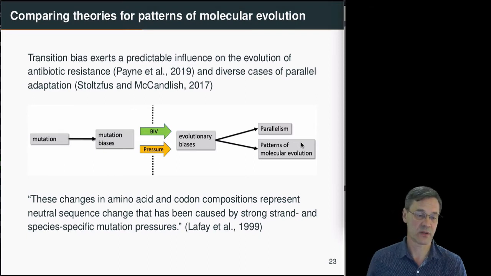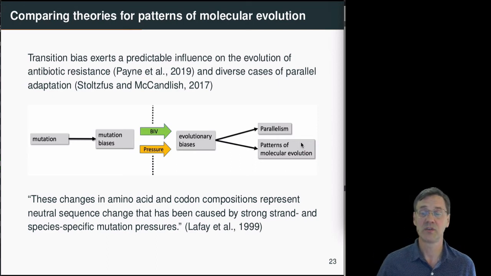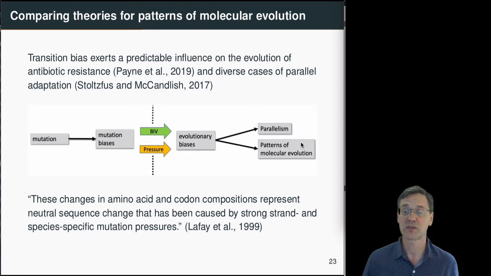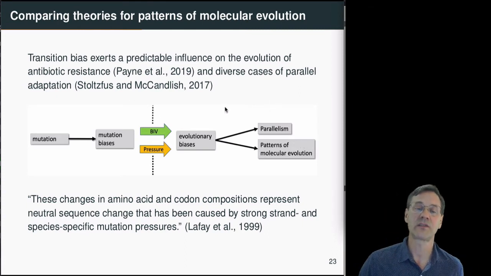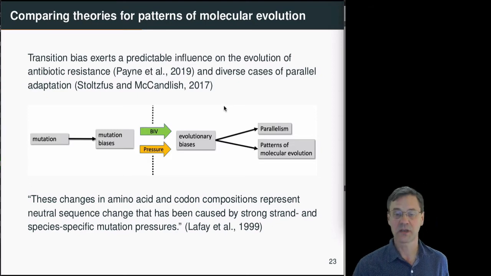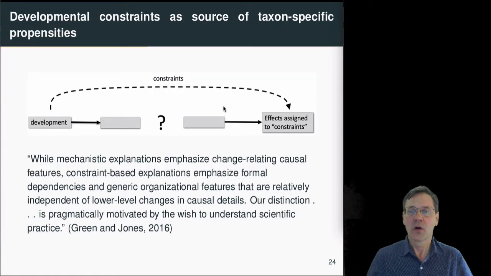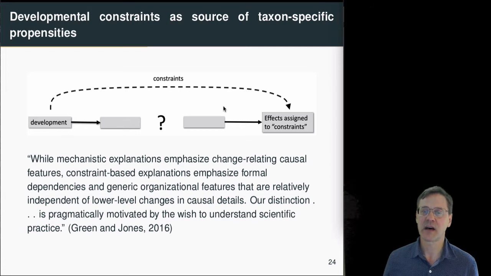So here's an example of that from Lefay. They're talking about changes in amino acid and codon compositions, and they say they represent neutral sequence change that has been caused by strong strand and species-specific mutation pressures. So if we're specifically considering adaptive changes like adaptive parallelisms, then the theory of biases in the introduction process is the only theory that we have if we're looking for mutational explanations. What about developmental constraints?